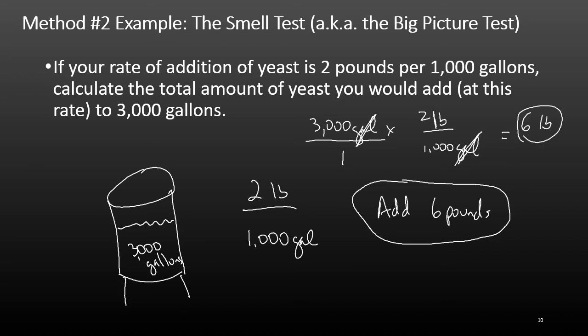That's our answer. If we wanted to do the big picture test and see if it made sense, then we do this in our head as much as we can. Well, in this case, it's a simple example and pretty easy to do in your head, right? 2 pounds per every 1,000. You have 3 times as many gallons, so it's 3 times as many pounds, 6 pounds. Everything looks good. All right, easy to do in your head.